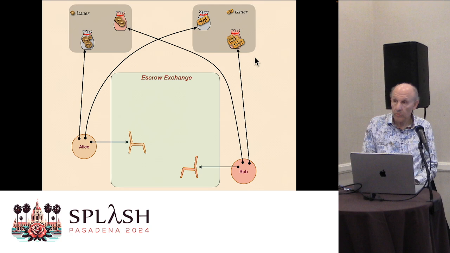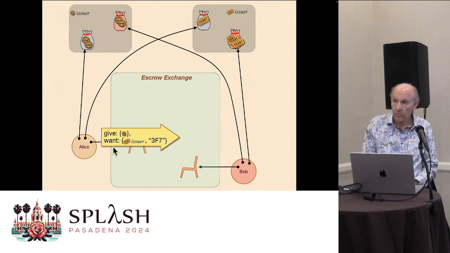So Alice, to initiate the trade, might send a message to the escrow exchange saying, I'm giving this many bucks in, and I want a concert ticket for seat 3F7.